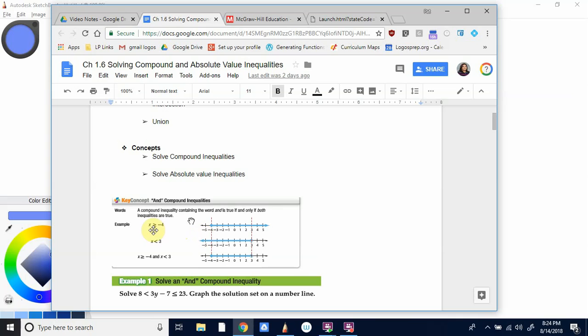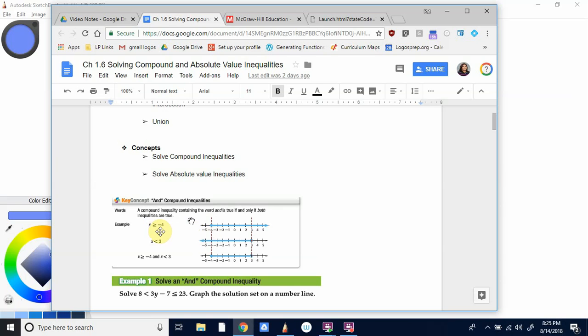Let's look at this: x greater than or equal to -4. The graph has a solid dot, going to the right. x less than 3 is an open circle going this way. Where do they intersect? Between these red lines, and that is the intersection of those two.